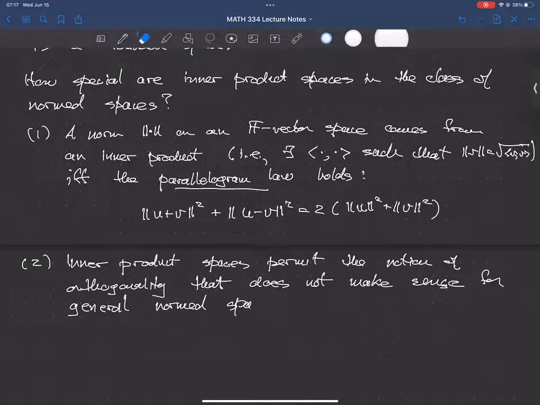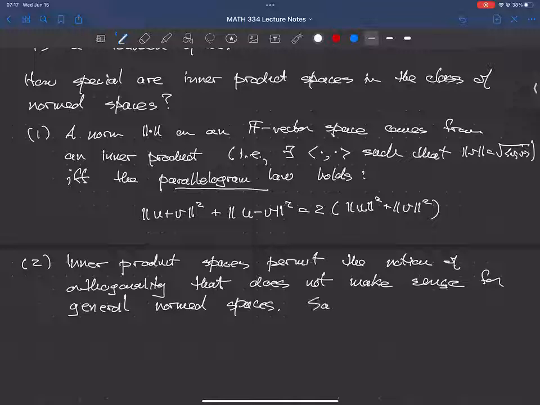And so a lot of the speciality of inner product spaces in the class of normed spaces comes from this orthogonality construction. So let's indicate what that means.